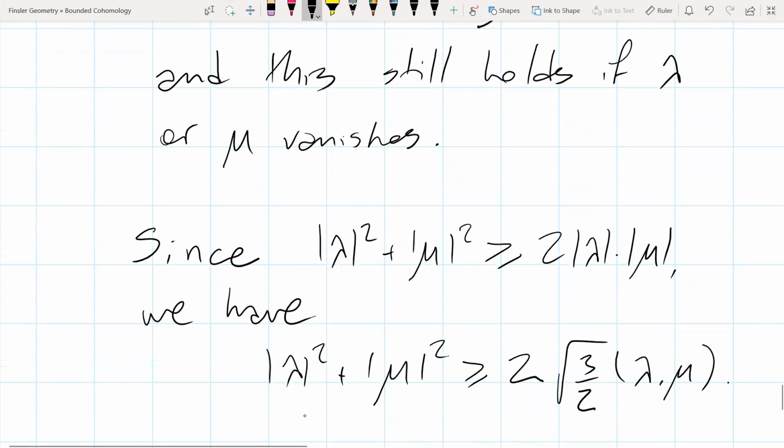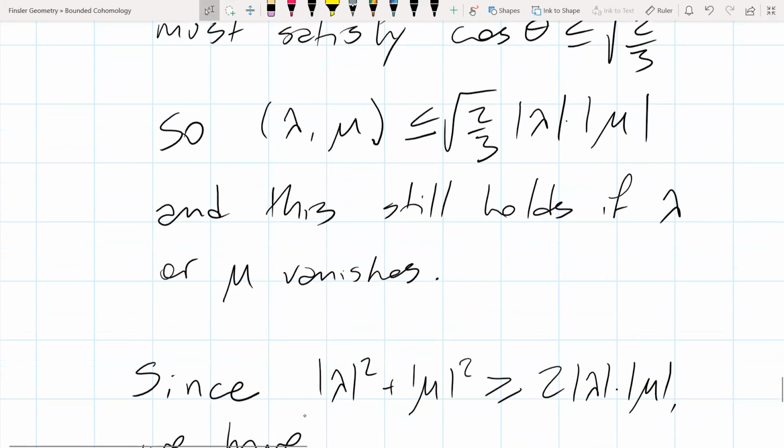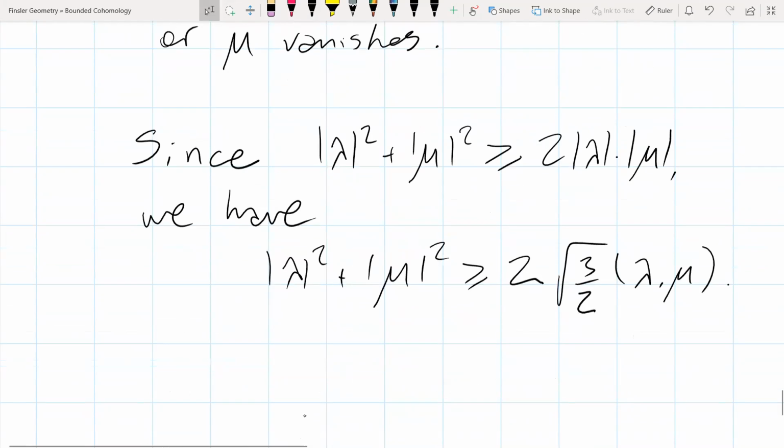Still linear algebra bit. I'm just relating these two inequalities to relate the sum of the square of the norms with inner product, which were the two factors that appeared in the form we're integrating to get the Euler characteristic and the form we're integrating to get the signature.